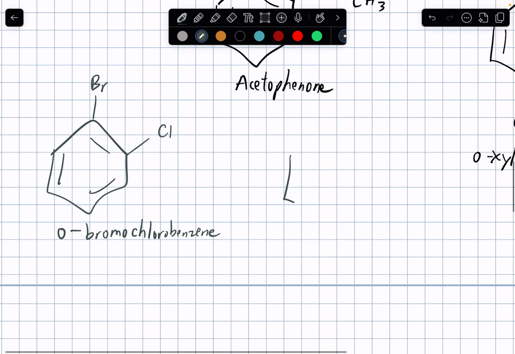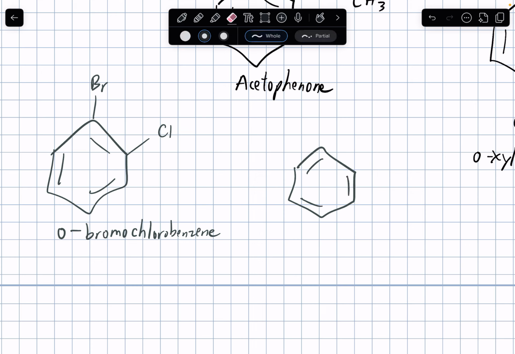What if we have this? We have a nitro group, we have fluorine. So, okay, they are meta to each other, no? So m, and I think F comes first.